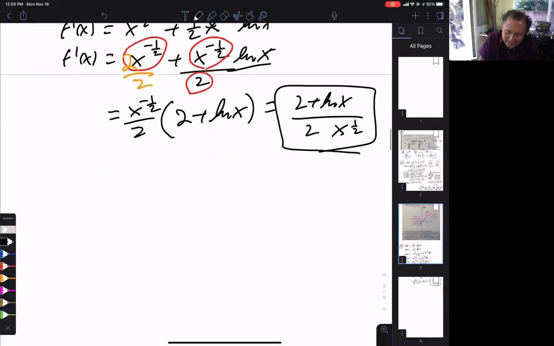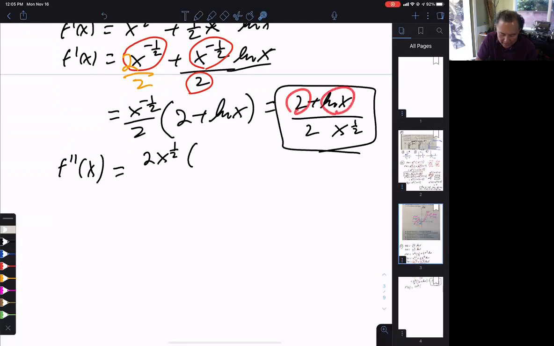Now we need the second derivative. Now we need to do the quotient rule. So it's low, d high, derivative of that, 2 minus ln x, is negative 1 over x. Low d high minus high d low.